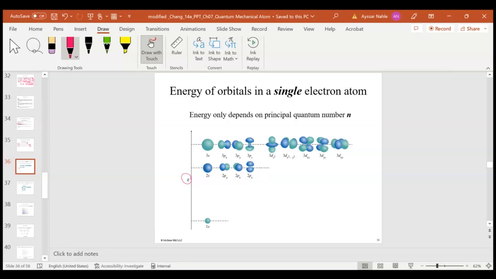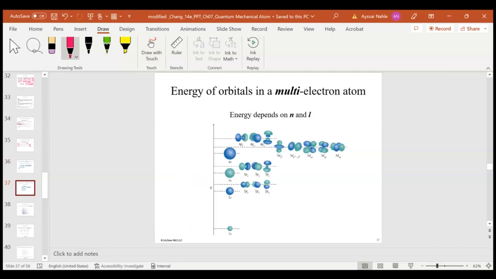Now we can see it much better in here. We went 1s and then 2s, so the energy is getting higher, right? And then 3s. 1s, 2s, 2p. 3s higher. 3p is higher. 4s is higher.